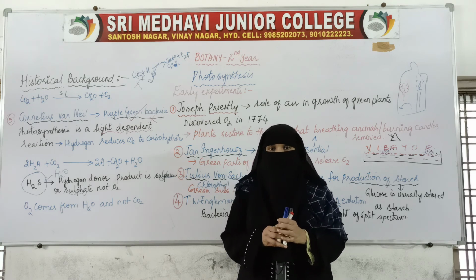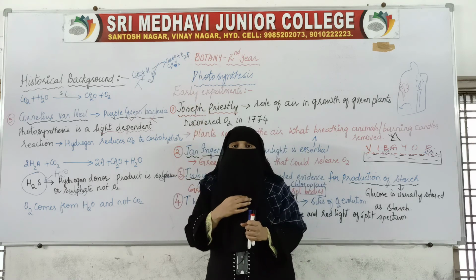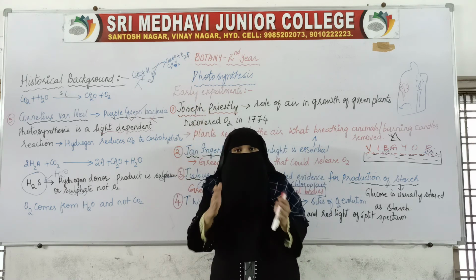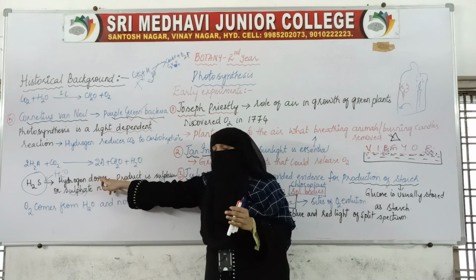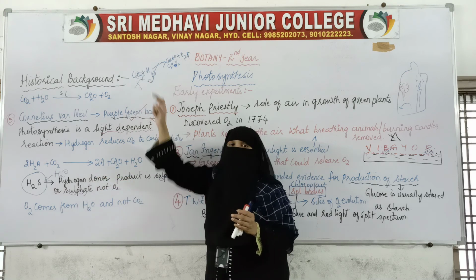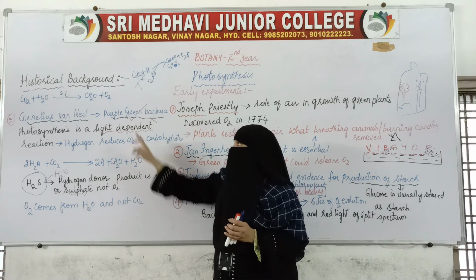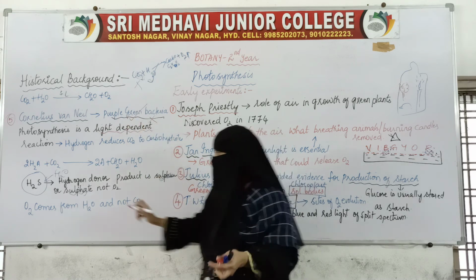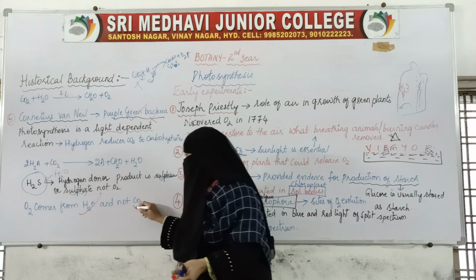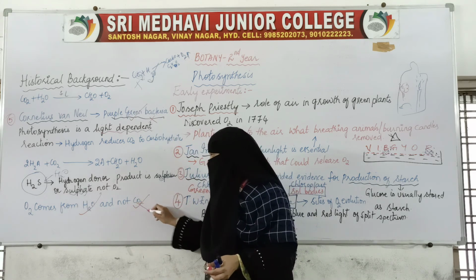The source of oxygen that is released is water. It is by the splitting of water that oxygen is released, not by the splitting of carbon dioxide. So the oxygen comes from H2O, not from carbon dioxide.